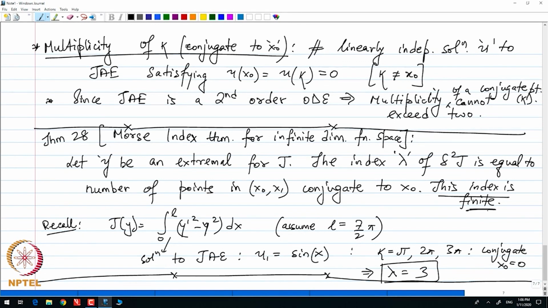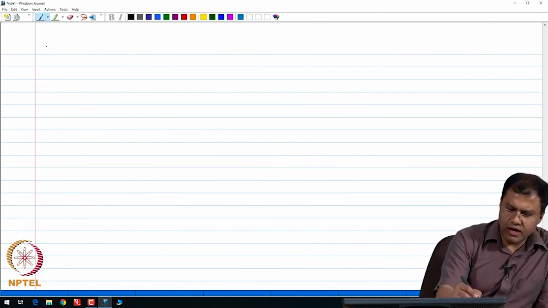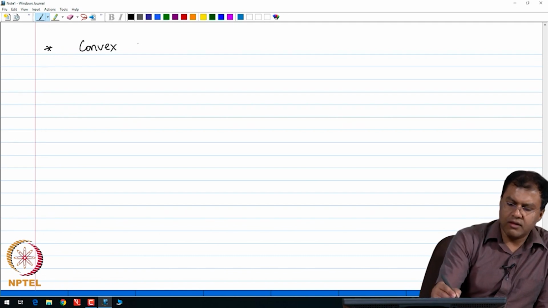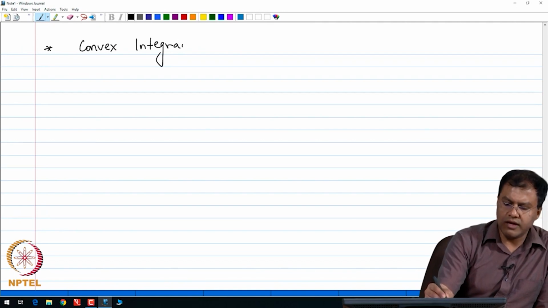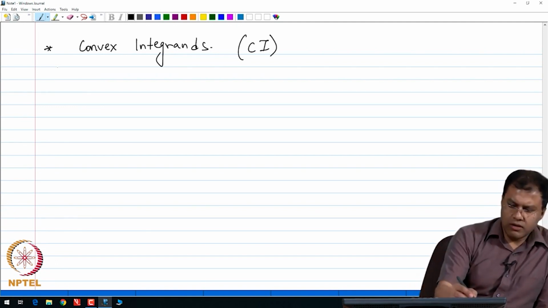So, we are now going to focus our attention on convex integrands to the functional, let me call this Ci.